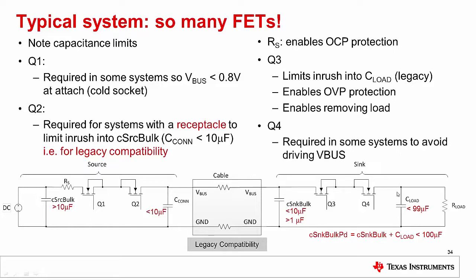So, for example, if the capacitance got charged up to 20 volts while it was connected to a source, and the source gets unplugged, but for some reason the load was not draining that capacitance, we need to make sure that that 20 volts does not sit on VBus after the cable is removed. So that can be achieved with a switch like Q4.